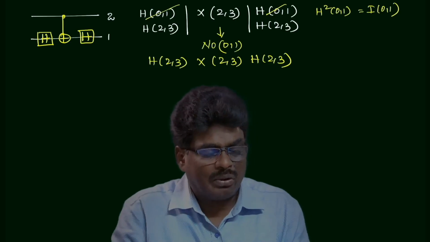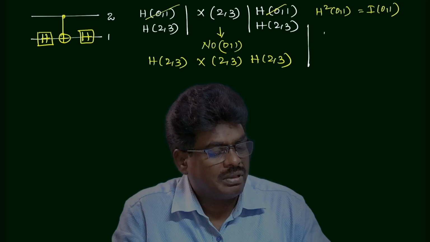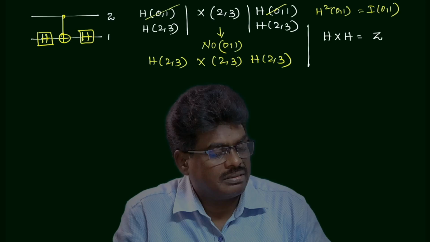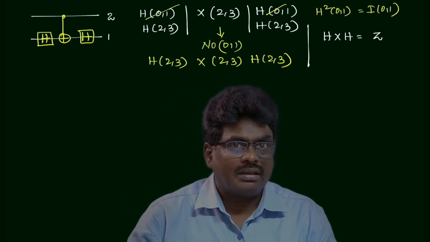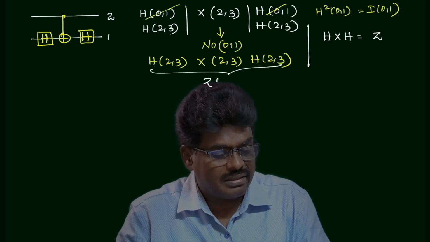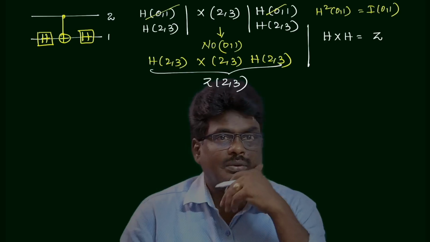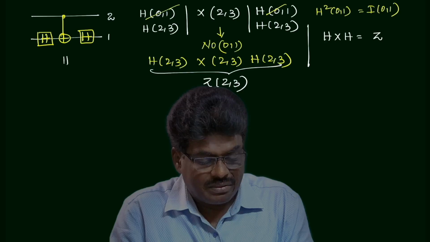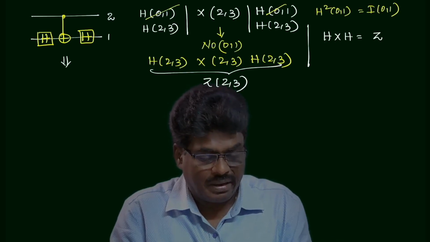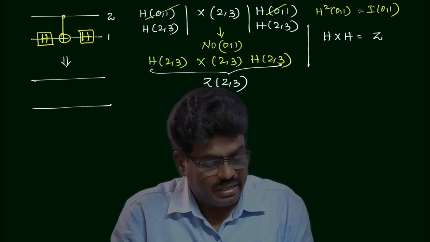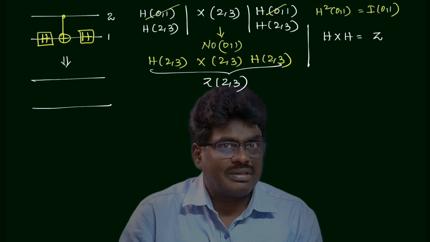But you know, most of you know this H X H is nothing but Z. Okay, so that's why I can write this as Z of 2 comma 3. Carefully see 2 comma 3.